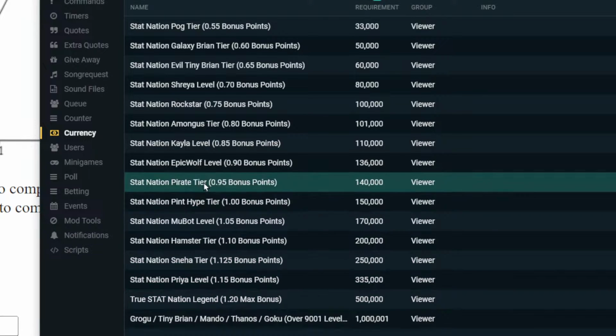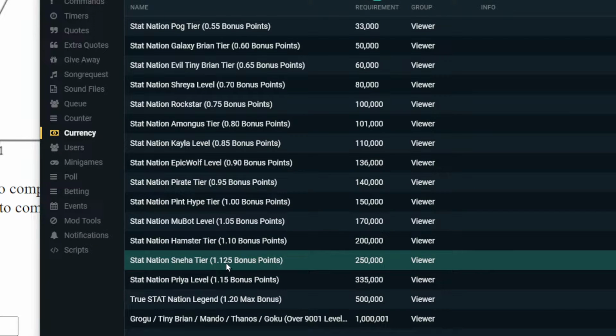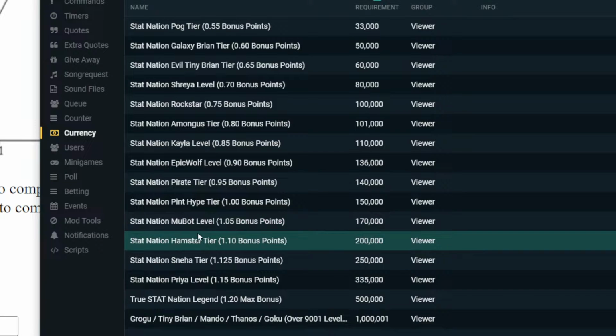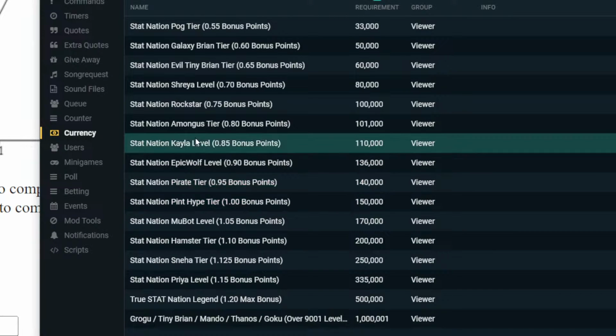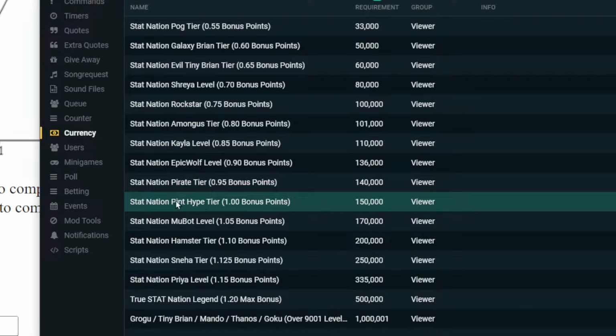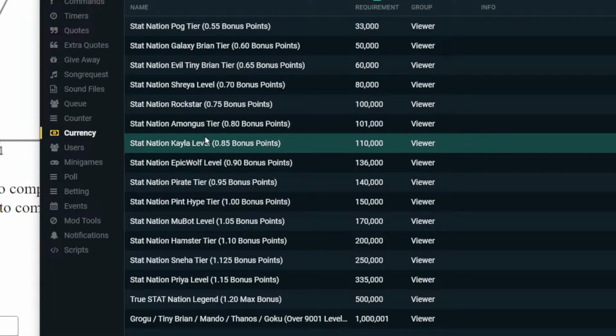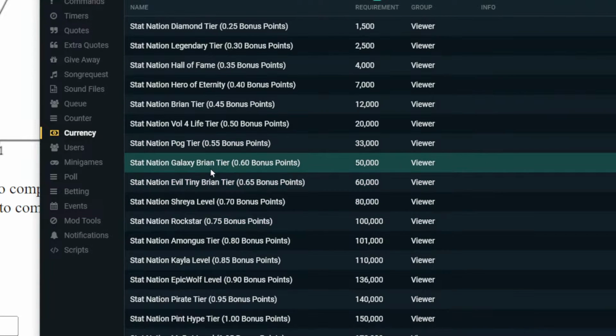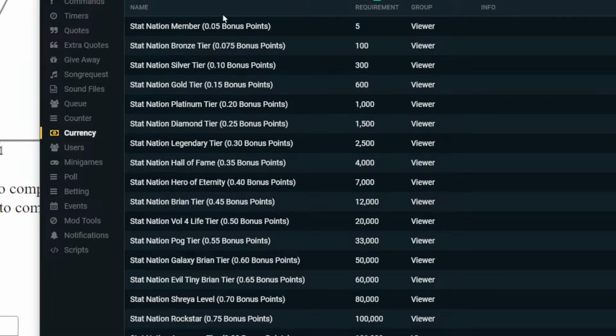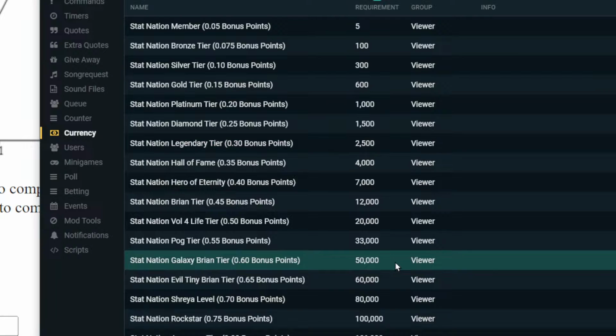So I added you in right here, Snea tier. There's Priya tier. There's Hamster tier. There's Mewbot, Pint Hype. Pint Hype comes from Winter Mini Term. Pirate tier, Epic Wolf, Kayla, Shreya, Evil Tiny Brian, Galaxy Pog, all the different things right here. I need to figure out some more and maybe space them out a little bit more. I'm working on it. Thank you, Roshni.